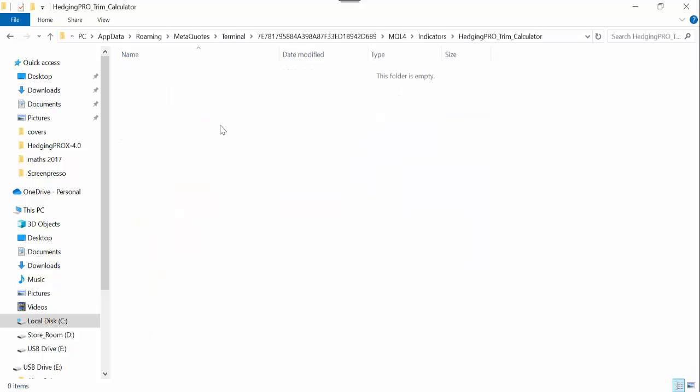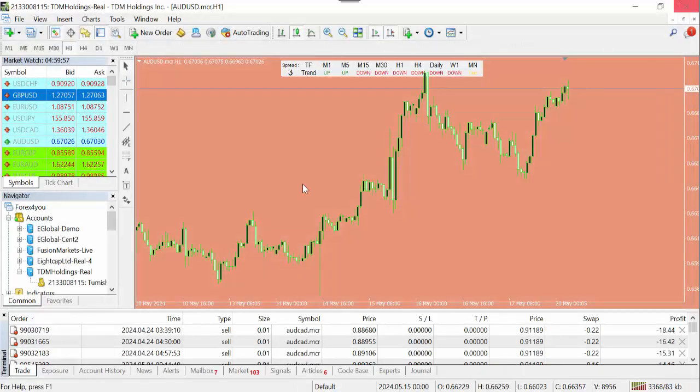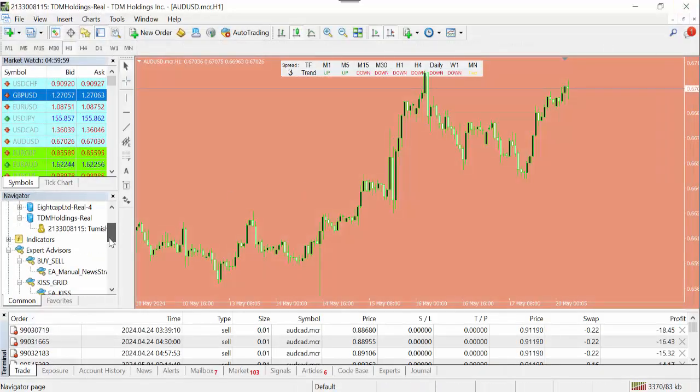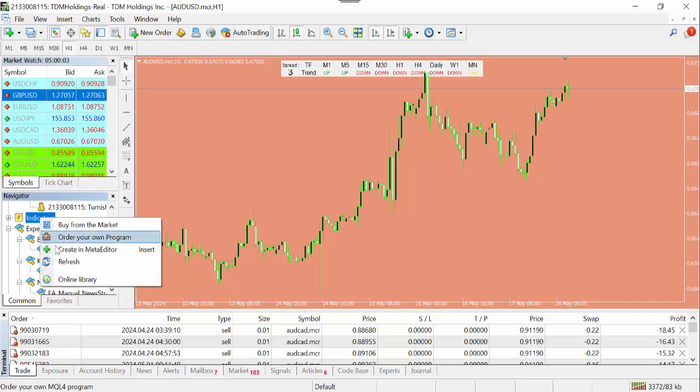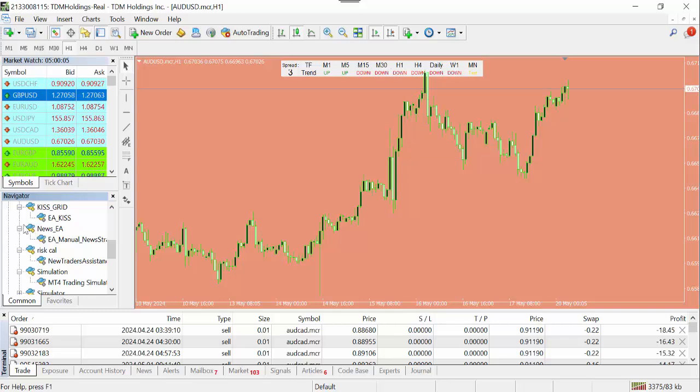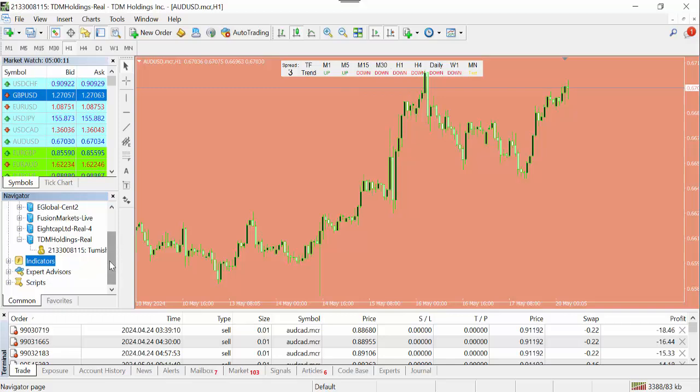I'm going to open the folder, then paste the calculator inside. Then we'll close it, scroll to the indicator folder, and refresh it so that our indicator can come. Let's minimize the expert folder. Now we have done this.